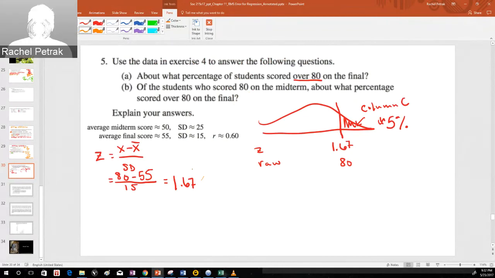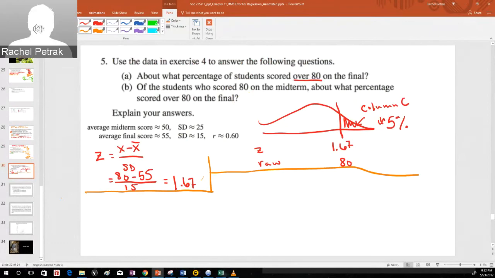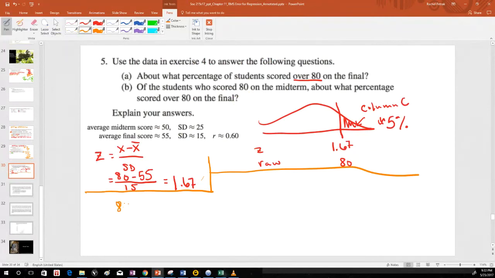And our new average can be estimated by finding out how many standard deviations above the mean we are again. So 80 minus now 50, of the students who scored 80 on the midterm.